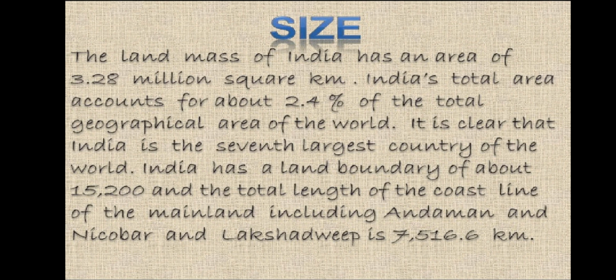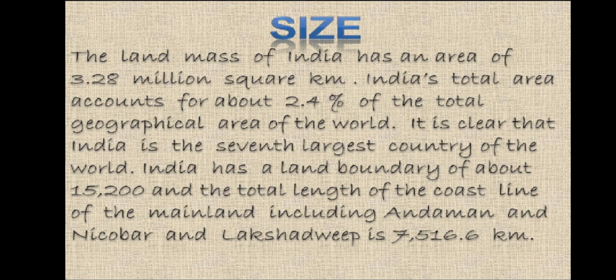Now, if we talk about size of our country, the land mass of India has an area of 3.28 million square kilometer. India's total area accounts about 2.4% of the total geographical area of the world.